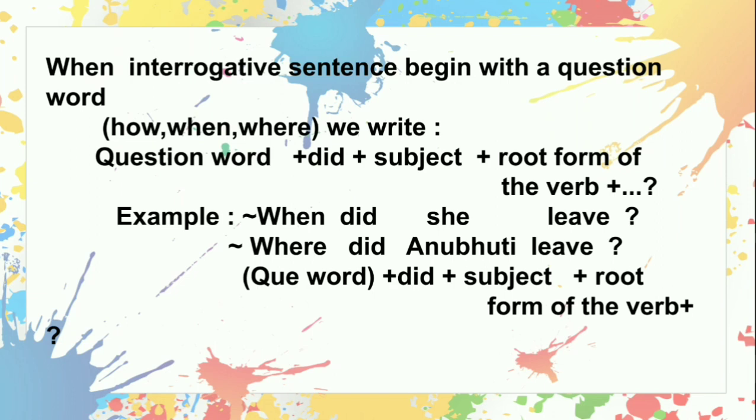Let's see its example. When did she leave? Where did Anubhuti live? Here, when and where are question words, then did, and she and Anubhuti are the subject, plus root form of the verb. In interrogative, we will keep the verb at the last.